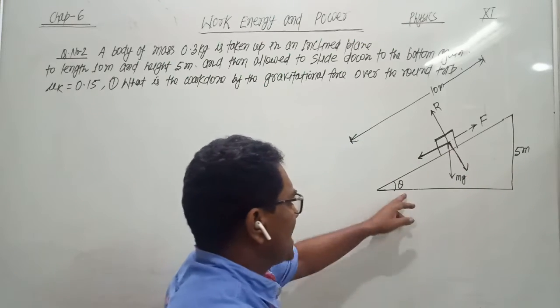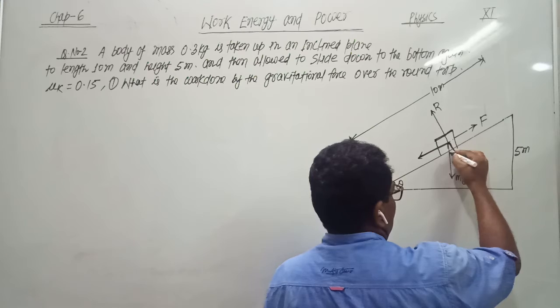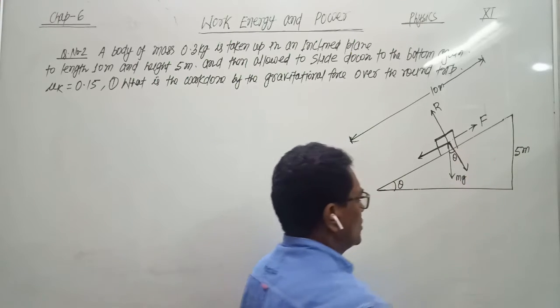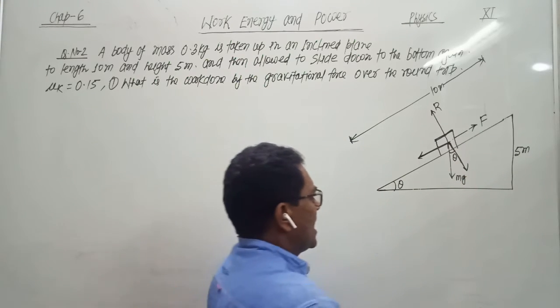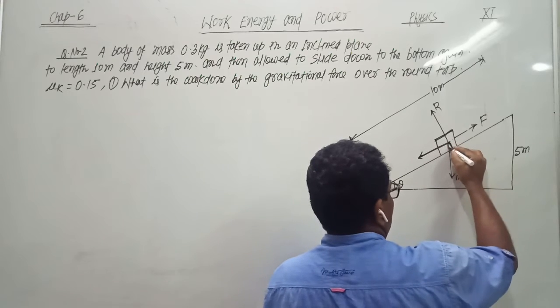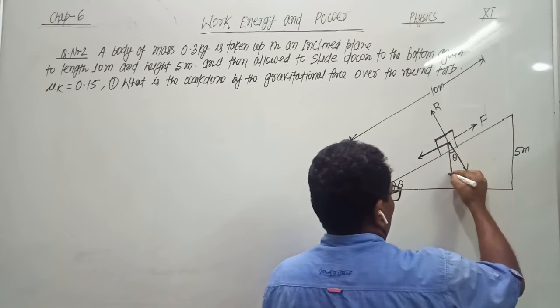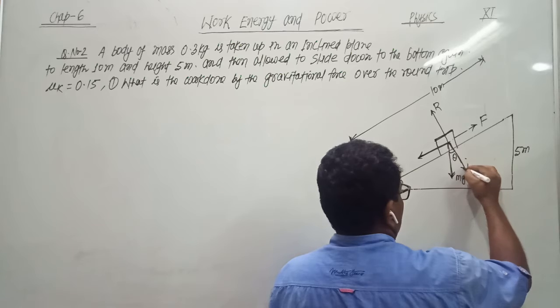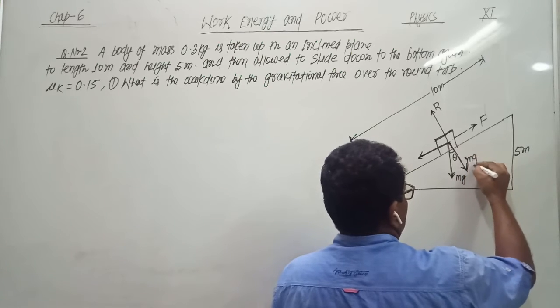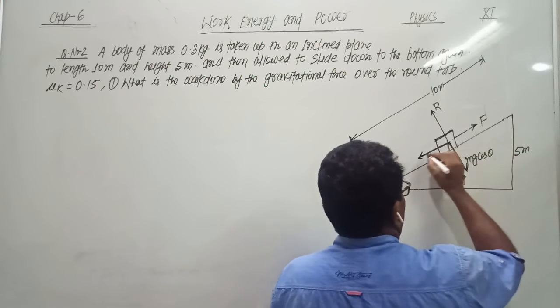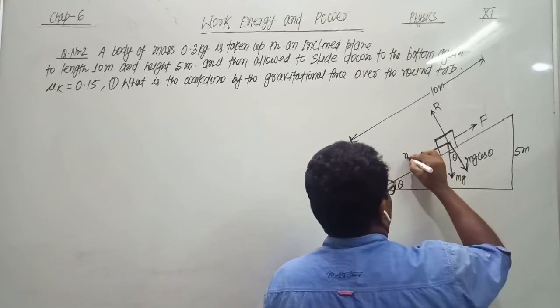So if this angle is theta, then this angle will also be theta. And mg must have two components: one is mg cos theta, and the other is mg sin theta.